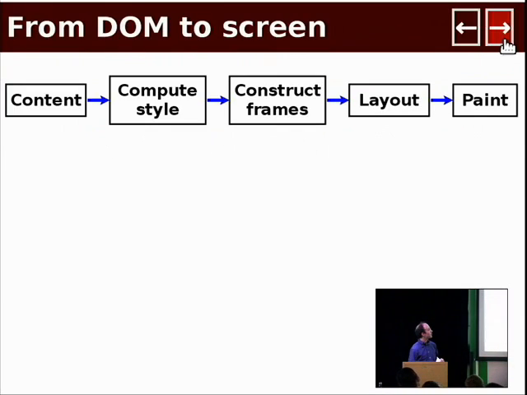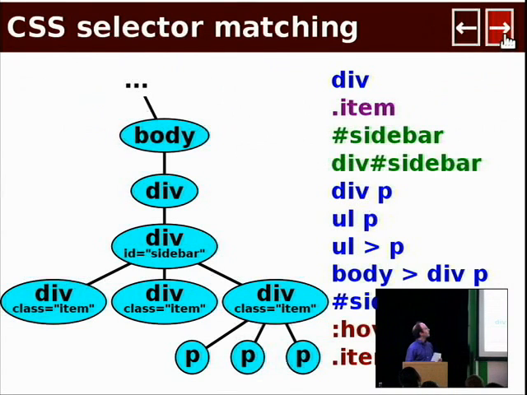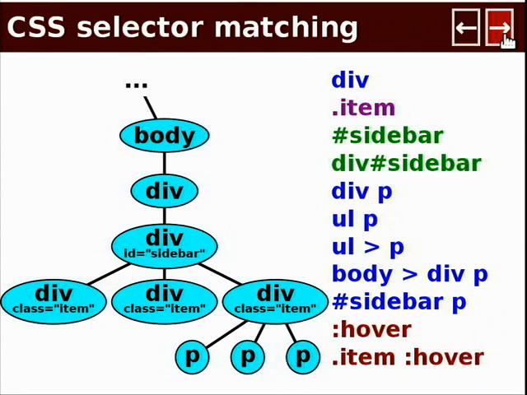So the basic idea of CSS Selector Matching is that you have a set of elements in the content tree, and you have a set of CSS rules. And for each element, you're asking, if this selector matches this element, then we'll use this rule. So fundamentally, you have a problem where you're running this algorithm for every pair of element and selector, which can add up to a lot.